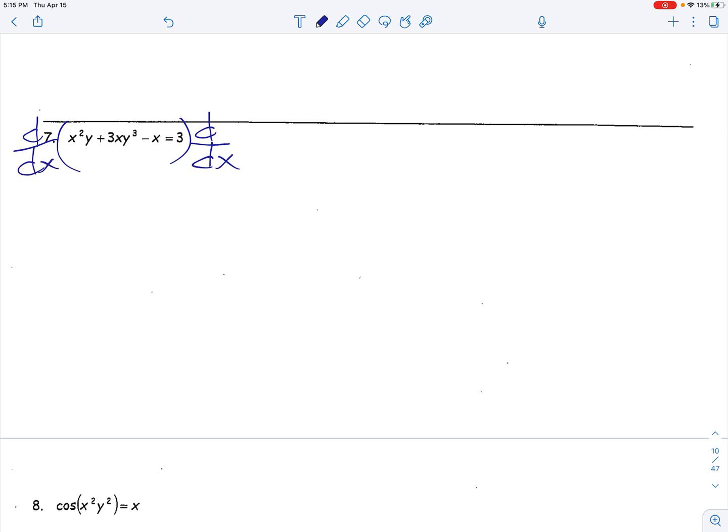Find dy/dx. Taking the derivative of both sides. Right? So, there's going to be a little bit more work to this one, as you can tell. But it's all the same process.